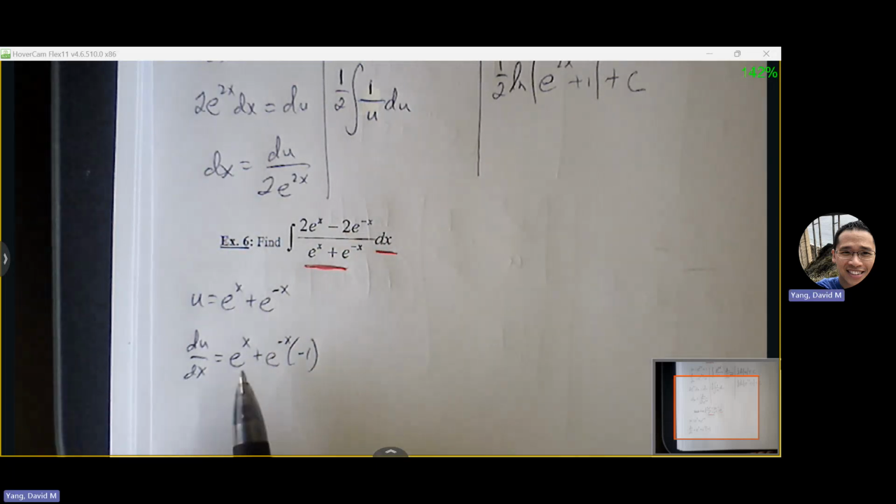Now, when you find the derivative, one of them doesn't have a leftover term, but the other one does. E to the x is just e to the x times 1, but e to negative x is e to negative x times negative 1.